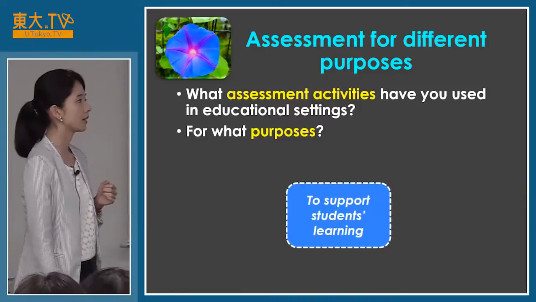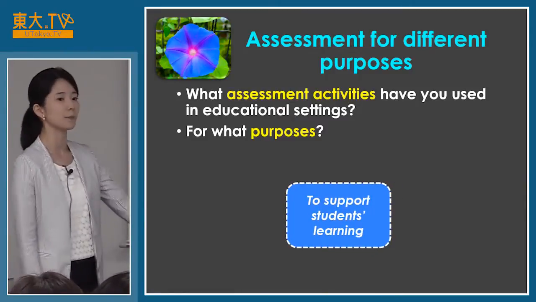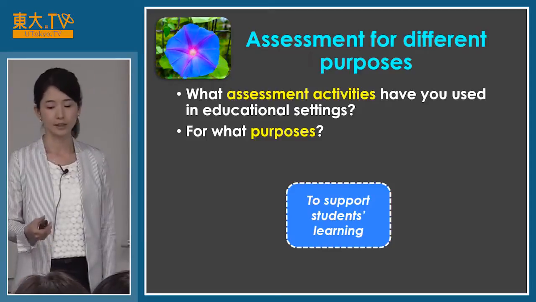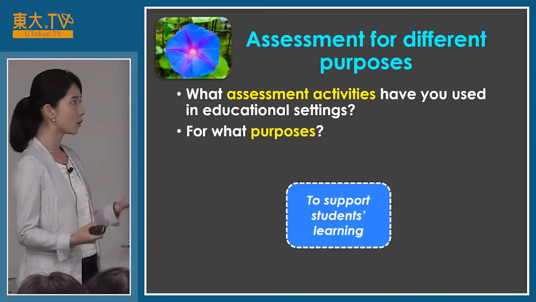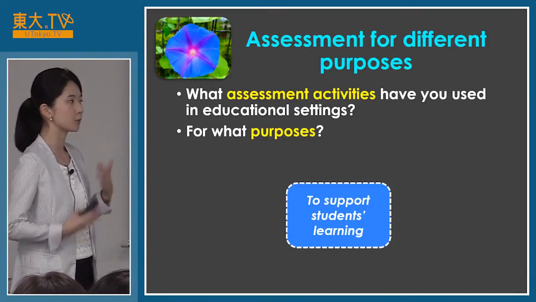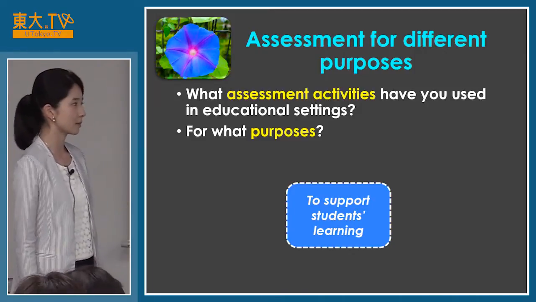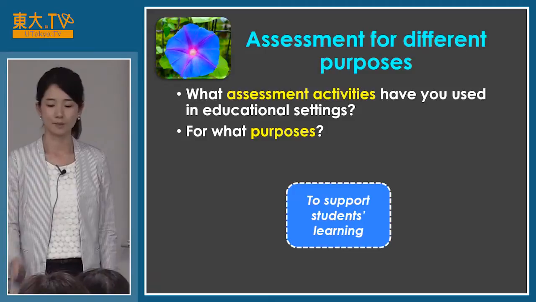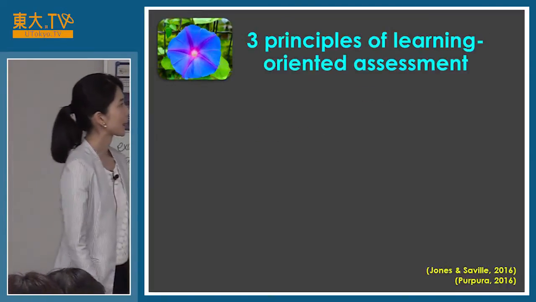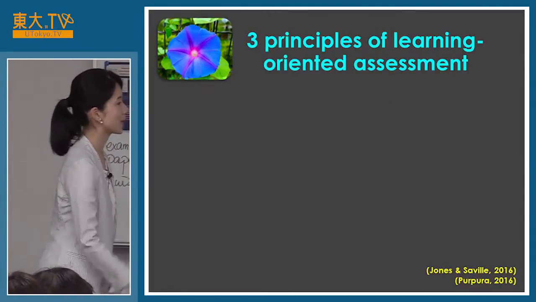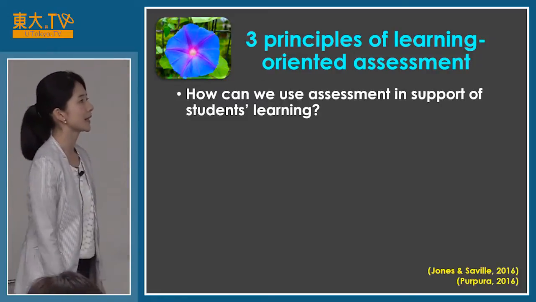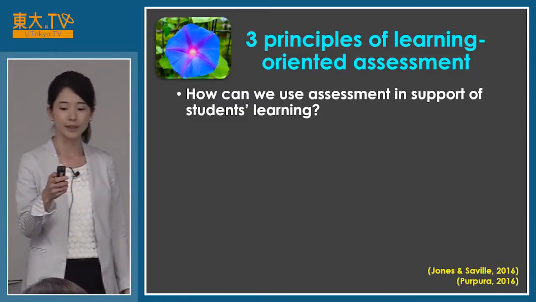All of these purposes are legitimate and good, but today what we're going to focus on in this assessment is how do we go about using assessment to support students' learning. So basically, this is the focus of today's workshop, yeah? Okay, so then the question is, how can we use assessment in support of students' learning?